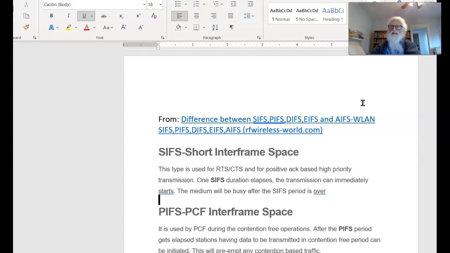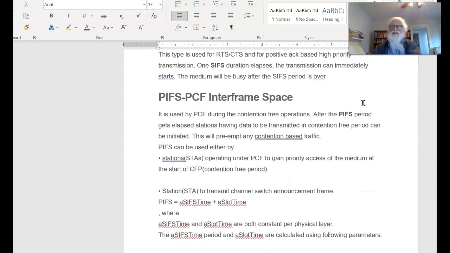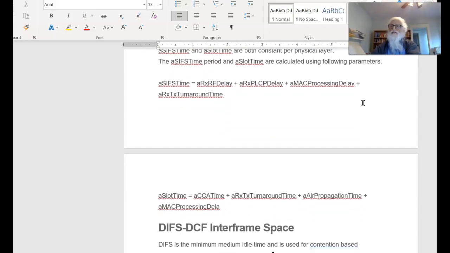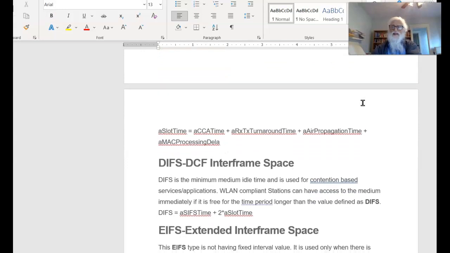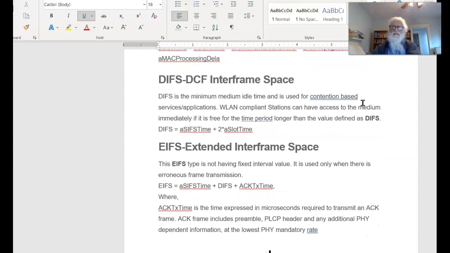There are so many different possibilities here: SIFS, PIFS, DIFS, EIFS, and AIFS. Try saying that real fast. They're all basically different periods of time for different cases. I copied this from one of the sites. If you really need to, you can look at it. Maybe we'll need to, but I don't know at this point. We don't have to get into the technical details at the moment.